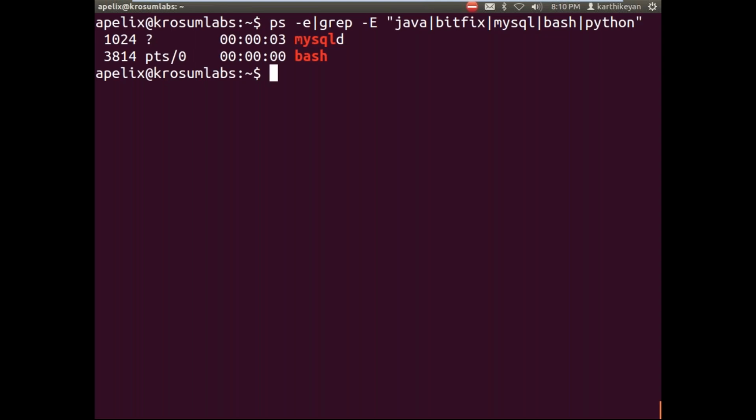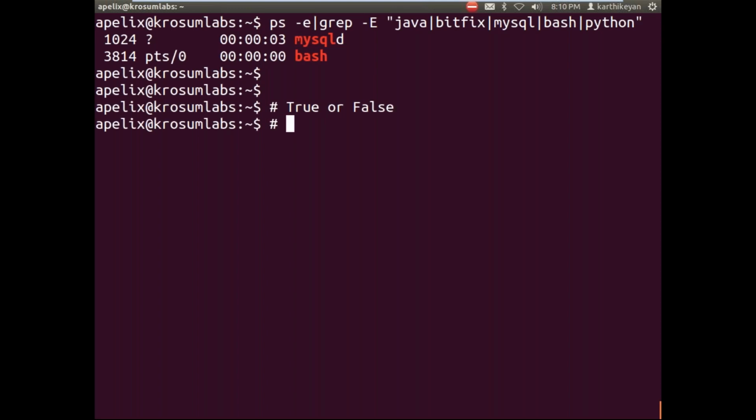The recap, what is the logical OR operator? Logical OR: true or false, or true, is combination searching. If any one condition is true, the result will be true, or if both are true, the result will be true.